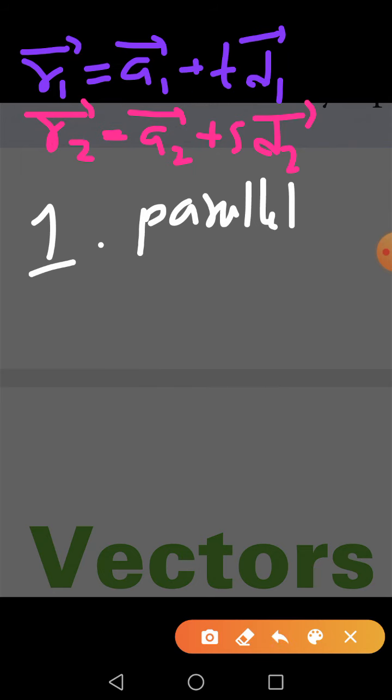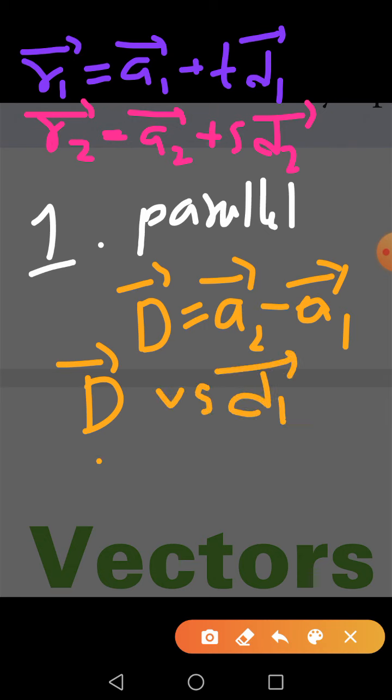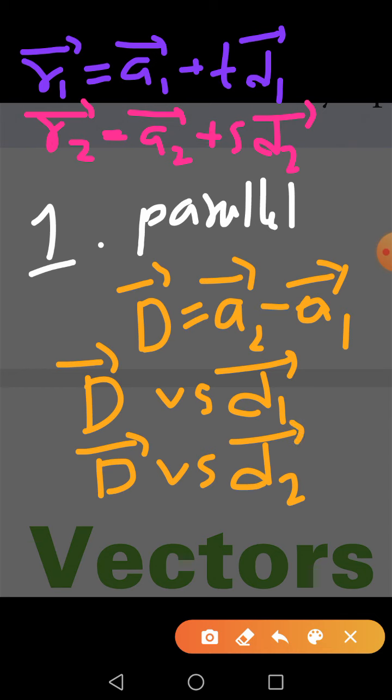For example, take a vector which is capital D. It may be equal to A2 minus A1, or you can take A1 minus A2. It's your wish. Now compare this D with either D1 or with D2, any of these vectors.